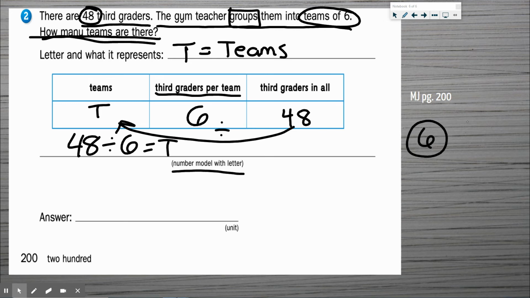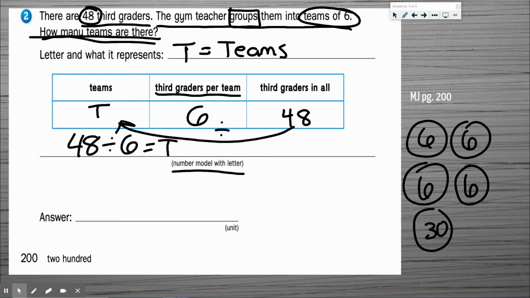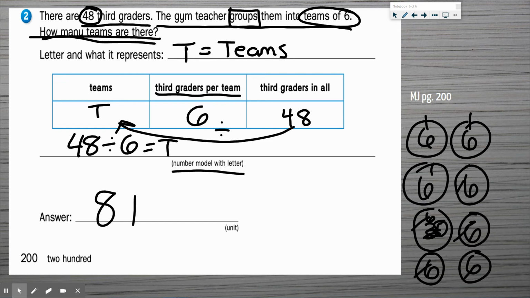So I would say 6, 12, 18, 24, 30, 36, 42, 48. So I have 1, 2, 3, 4, 5, 6, 7, 8 teams. Does my answer make sense? Well, I can put this back in there. T equals 8. 8 times 6 does equal 48, so it works.